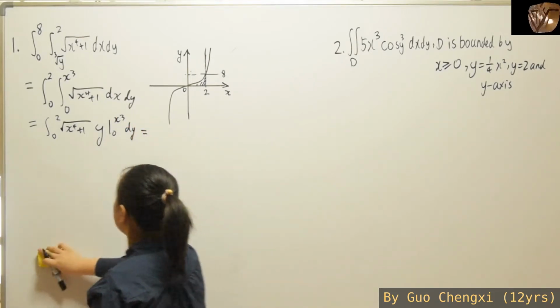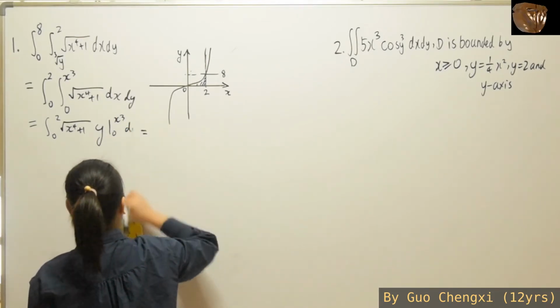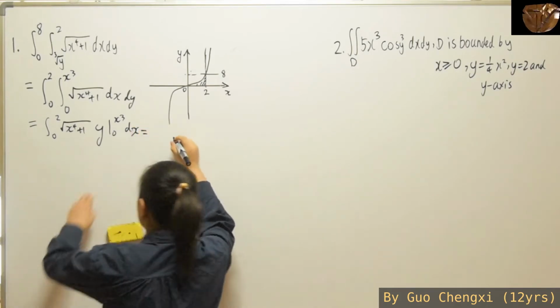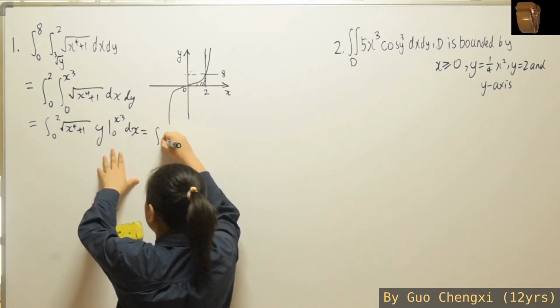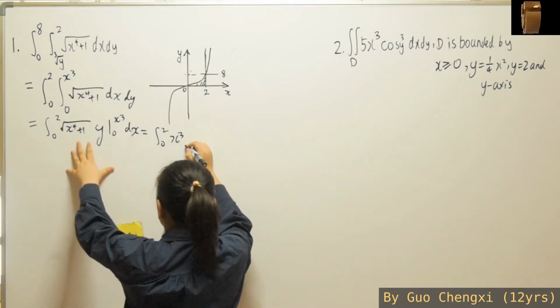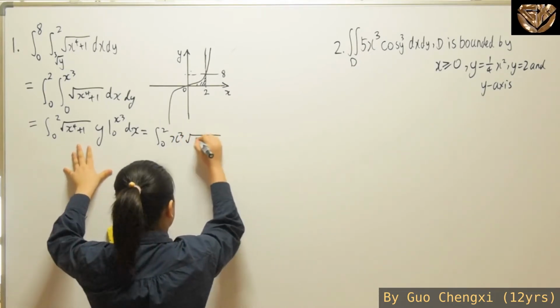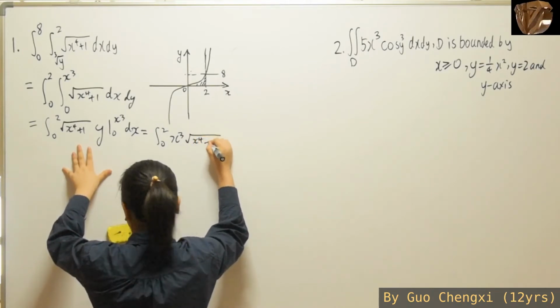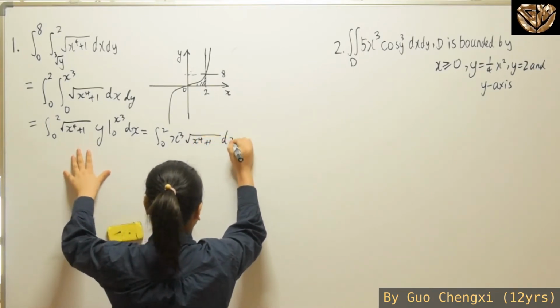and now we can substitute the boundary inside, and we will get from 0 to 2 x cubed, and then this will be here having the same thing, square root of x to the power of 4 plus 1 dx.